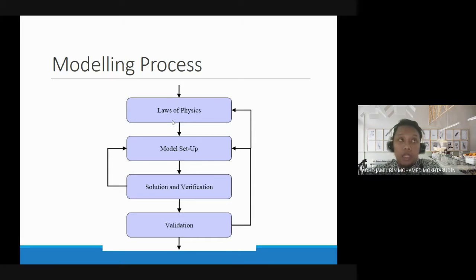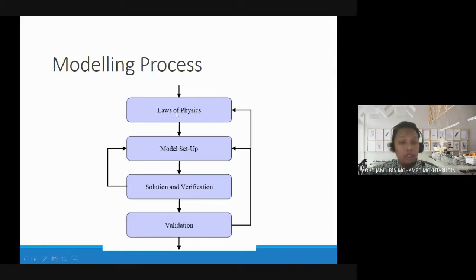If we want to study mechanics, we will use solid mechanics. And if we want to study electrical signals, then we use the electrical model. All the different physics we will look at in this subject, maybe after midterm, or before midterm.